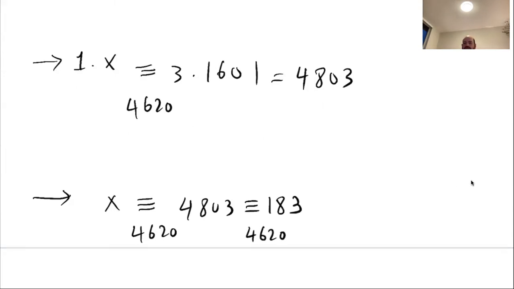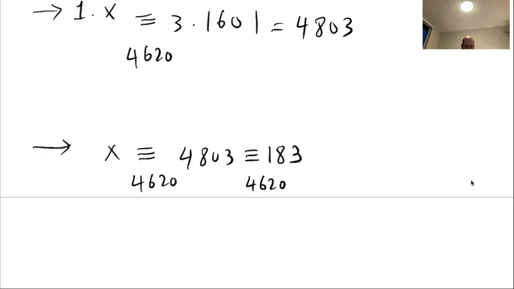Okay, so the solution is basically 183, right? You can easily check that 4,803 can be written as 4,620 plus 183, which means 183 and 4,803 are congruent mod 4,620.